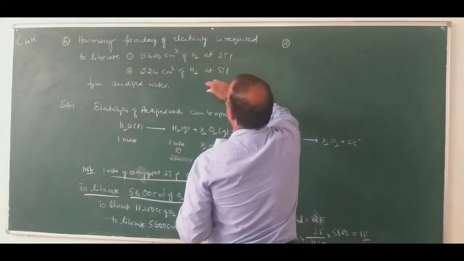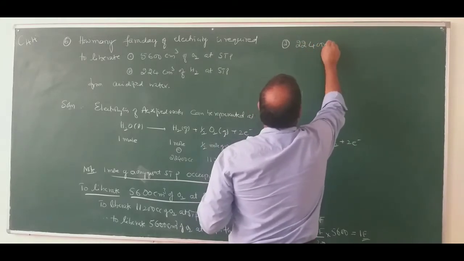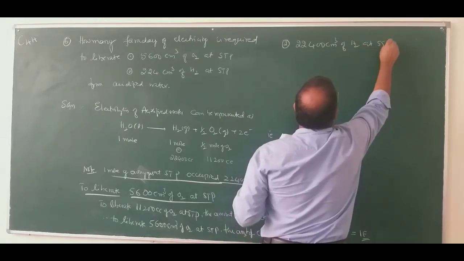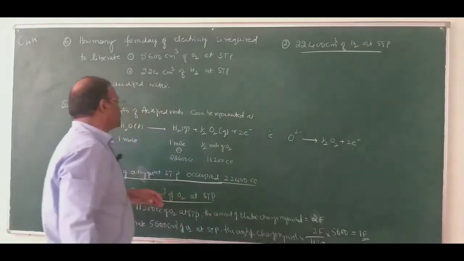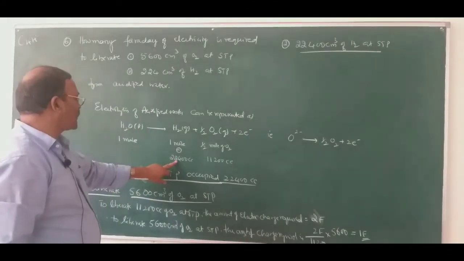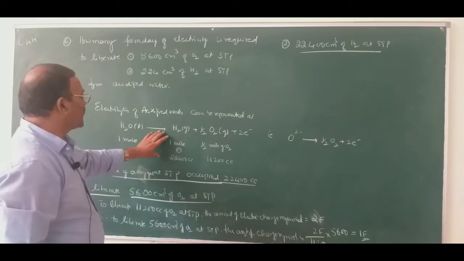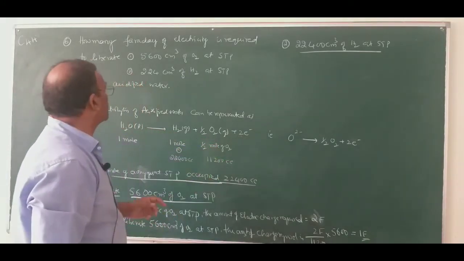So next we will calculate 22,400 cm cube of hydrogen at STP. For the liberation of 22,400 cc of hydrogen at STP, what is the amount of current required? 2 Faraday.